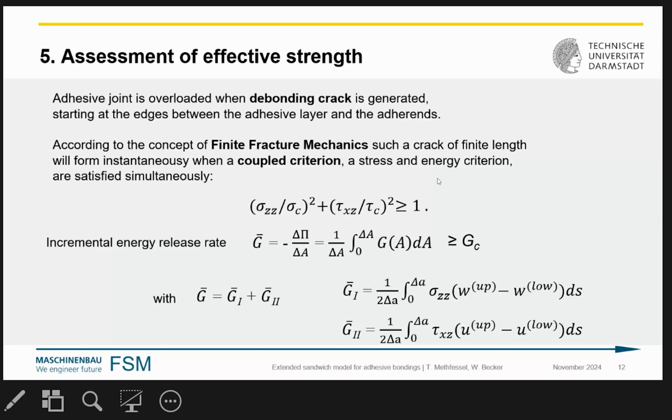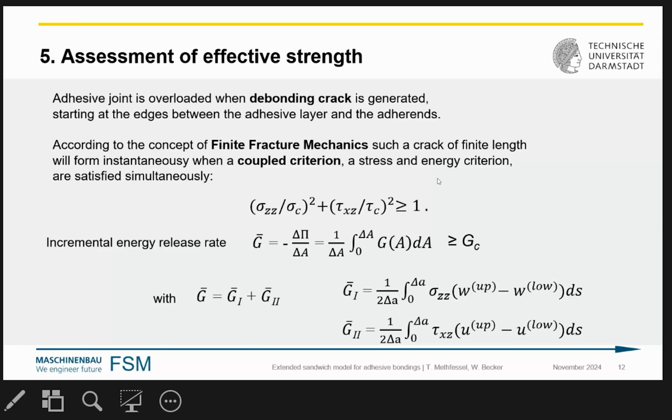In order to check whether they will occur or not, we follow the concept of finite fracture mechanics that makes use of a coupled criterion, namely a stress and energy criterion, which have to be fulfilled at the same time. In our case, we use this simple stress criterion, this quadratic one, but of course you can use also a different one.